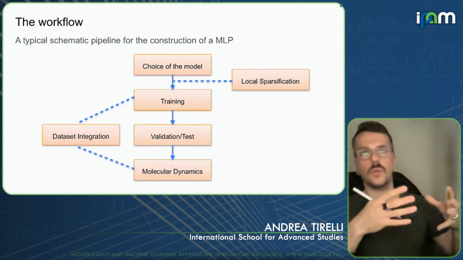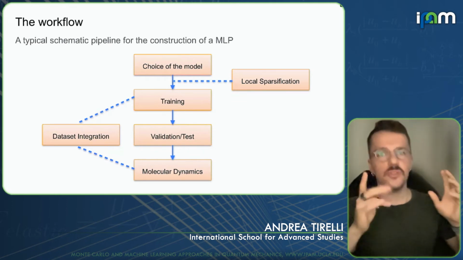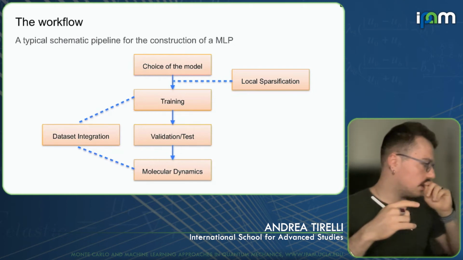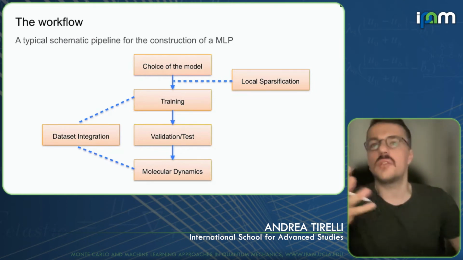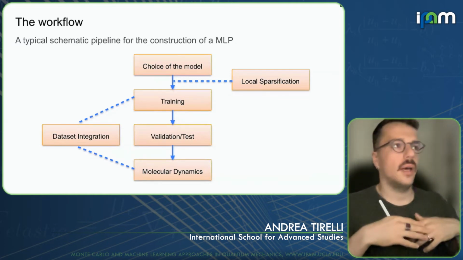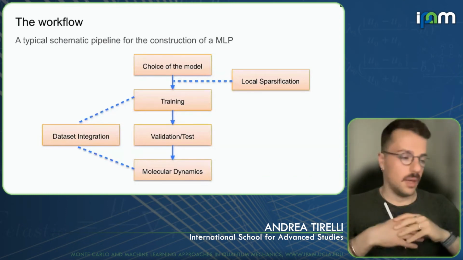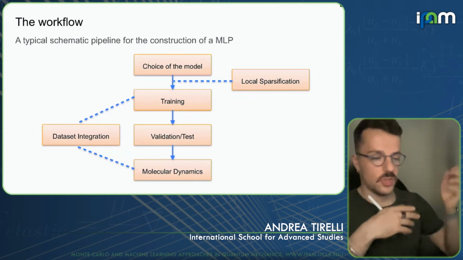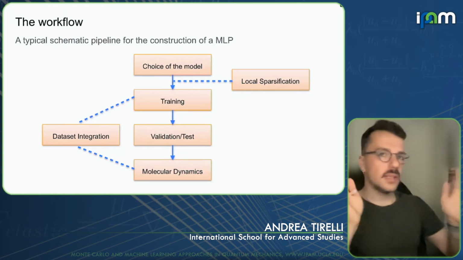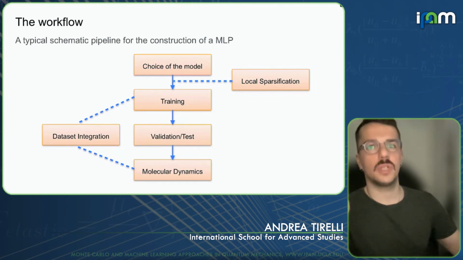Of course, we have to start with a training set. This training set might come from a molecular dynamics simulation, or from different ab initio methods such as DFT. At this moment, we have not yet performed any quantum Monte Carlo simulation.